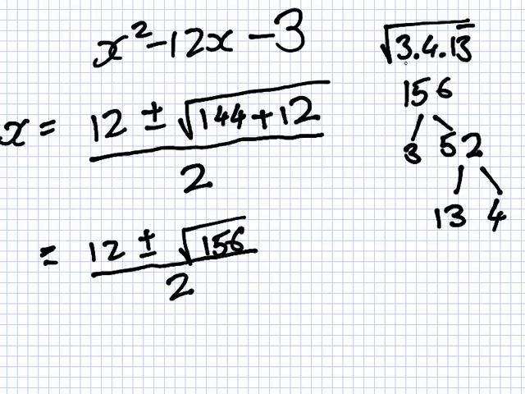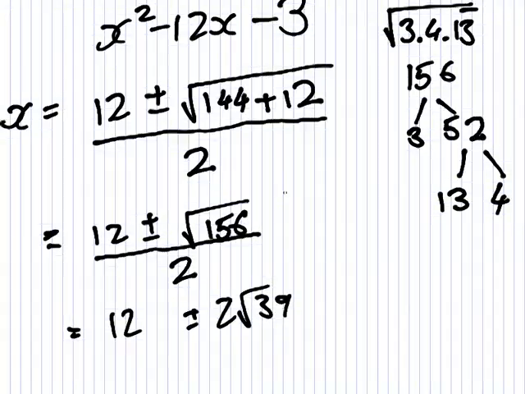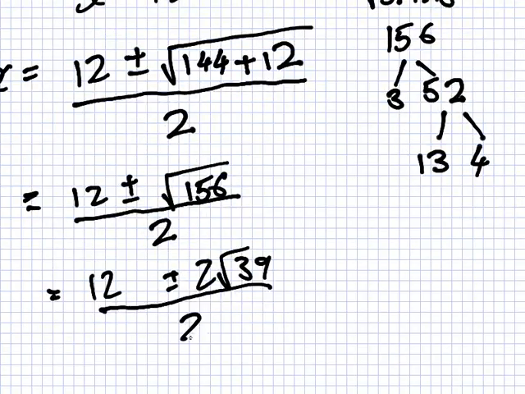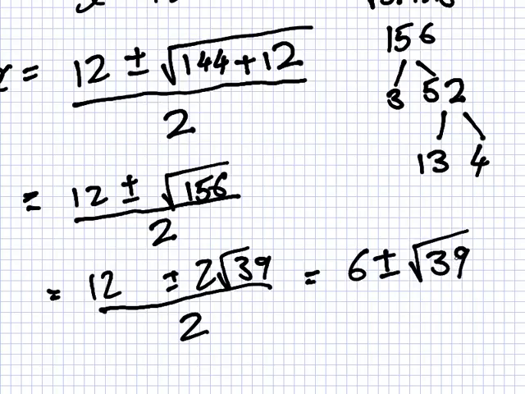So that's going to be 2 root 39. 2 root 39, agreed. 12 plus or minus 2 root 39 over 2. There's a 2 in everything, so we can cancel everything by 2, and we get 6 plus or minus root 39. Okay? Yeah.